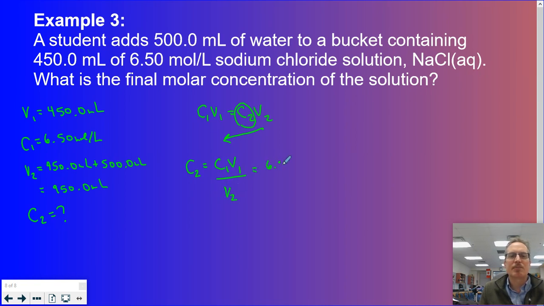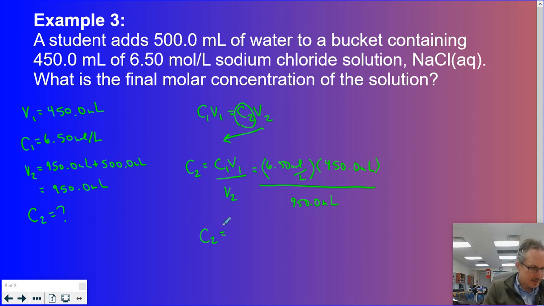So 6.50 moles per liter concentration times 450 milliliters divided by 950 milliliters. So 6.50 times 450, enter, divided by 950, enter.